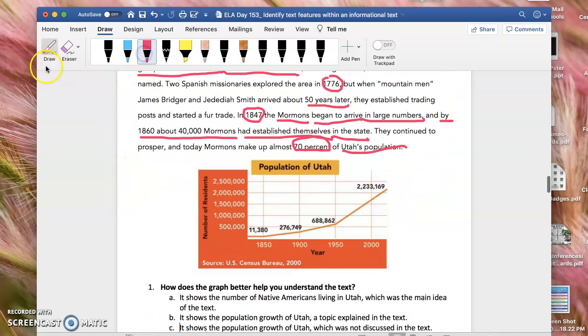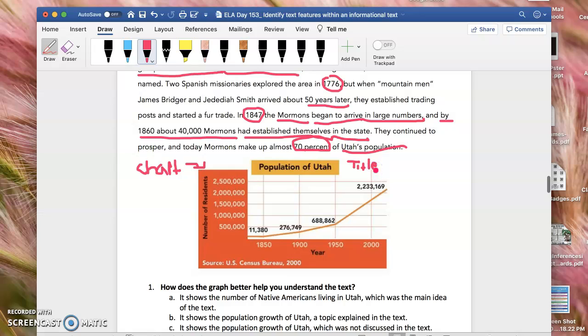Okay? And let's go ahead and label. So this is our chart. Remember, we always label the text feature. This is our chart. This here is the title of the chart. We know that the chart is telling us about the population of Utah.